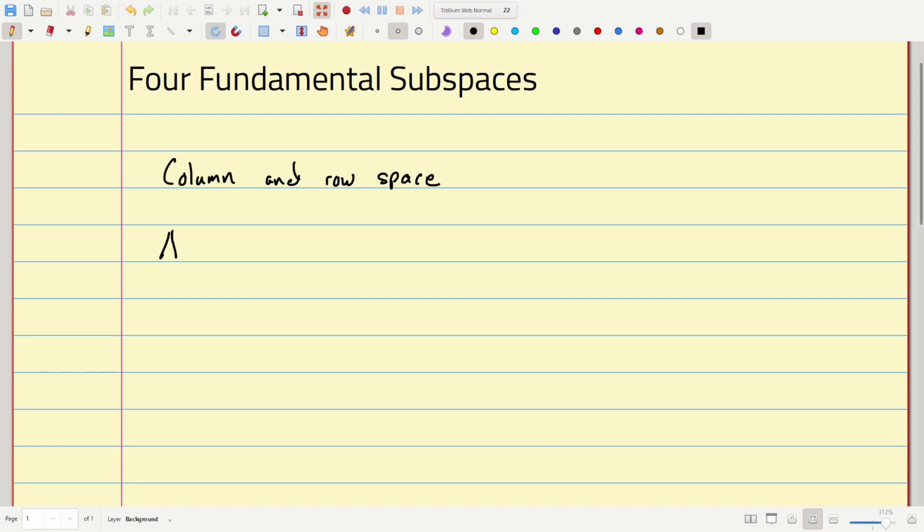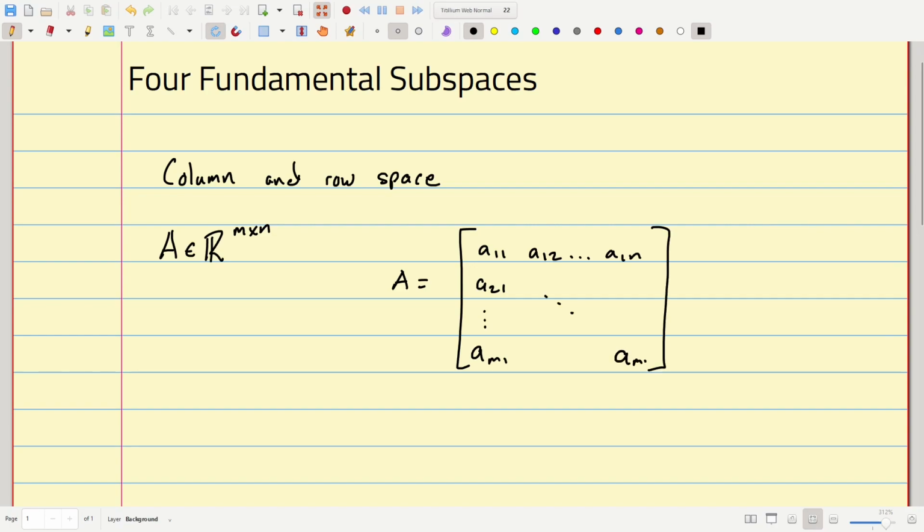If I have a matrix A, and that matrix is an M by N matrix, we want to understand what's going on with this matrix. So we think about A as being an object that has N columns and M rows.